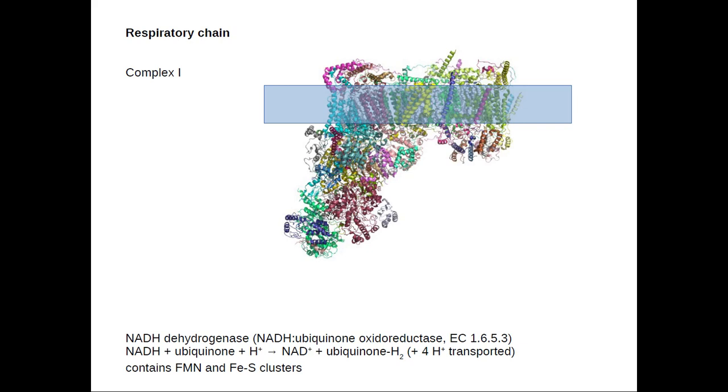There are moieties where iron atoms are bound by sulfur atoms, and this is covalently attached to the protein structure. This iron can exist in 2+ or 3+ states. If it's in the 3+ state and it accepts an electron, it goes to the 2+ state, and then it can release the electron to another site.